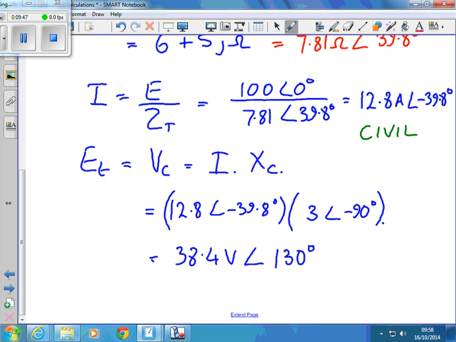That's our Thevenin's voltage, 38.4 angle 130.